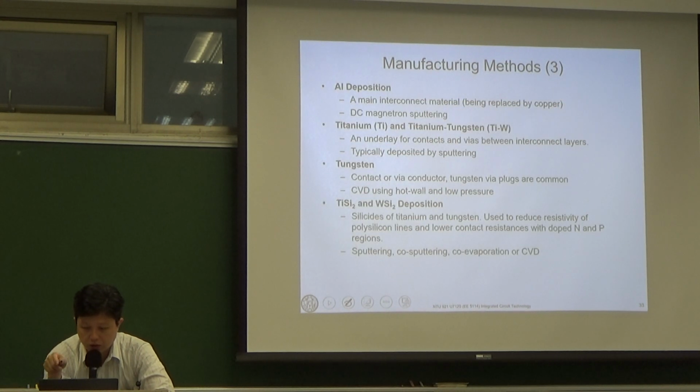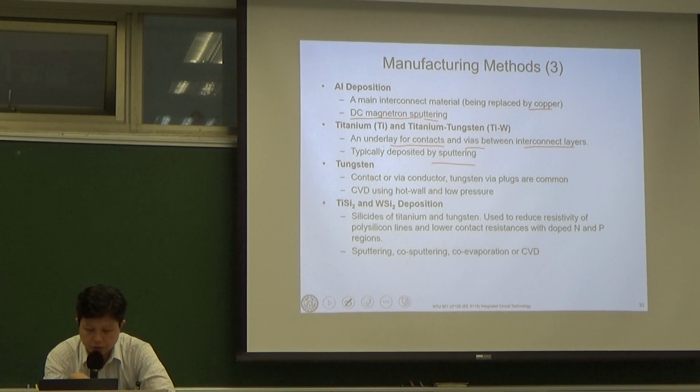And for aluminum, in the more advanced technology nodes, it has been replaced by copper. We can use some DC magnetron sputtering. Titanium tungsten is an underlayer for contacts or vias between the interconnect layers.